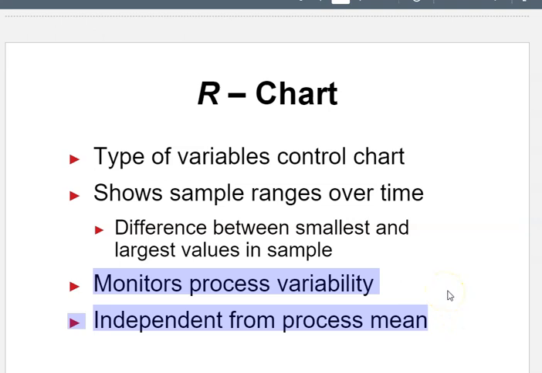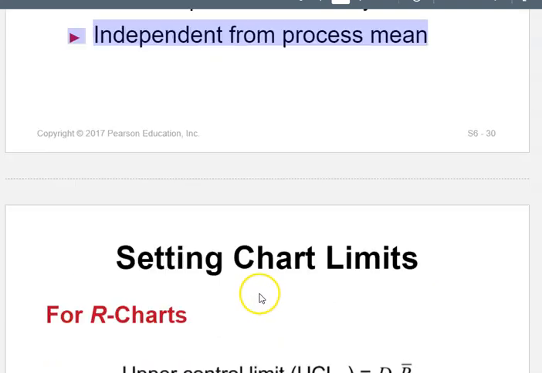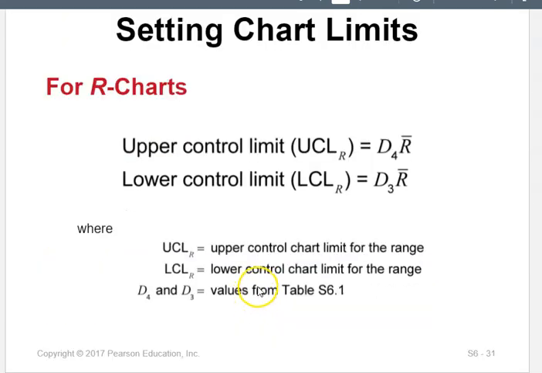So one sign that you can use the R chart is that you don't have an average. In the previous Xbar charts, both with the standard deviation and with the range, they both had Xbar as a central tendency, right? But here you don't have Xbar at all, right?